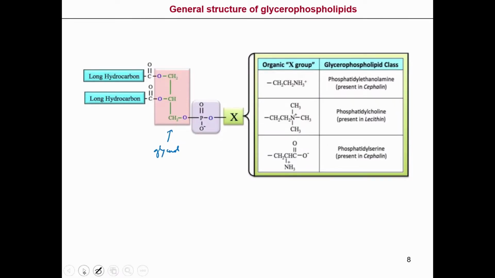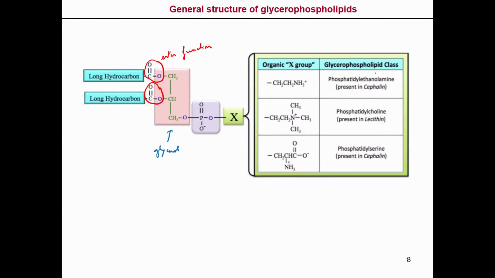In the first alcohol, you have a fatty acid linked by an ester group, ester function. So in the glycerol, you have 2 ester functions, and that's why you have the link between the fatty acid and the glycerol. On the other side, you have the phosphate, which is linked to an X group.